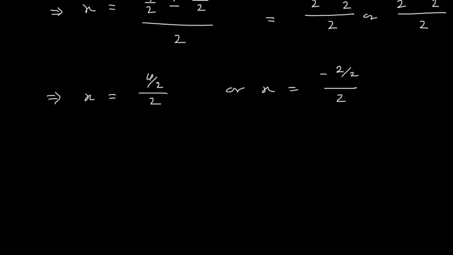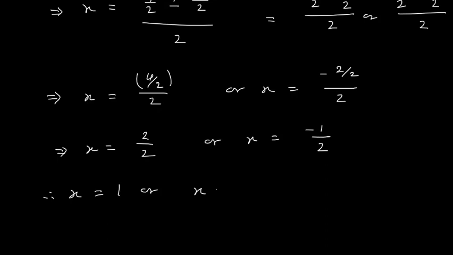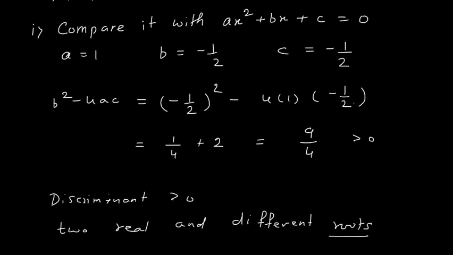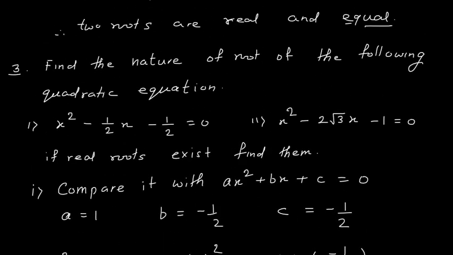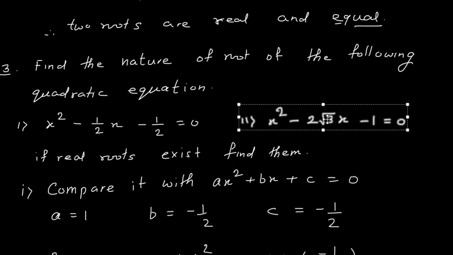So this will give us x equal to 4 divided by 2 in the numerator, it is 2 upon 2, or x equal to minus 1 upon 2. So therefore we get x = 1 or x = -1/2. Okay, let us see this second question also. So this is our second question.